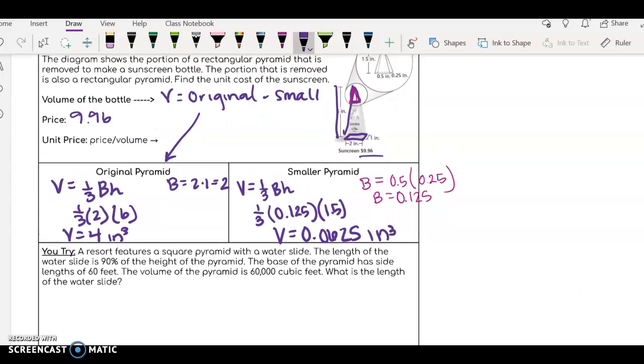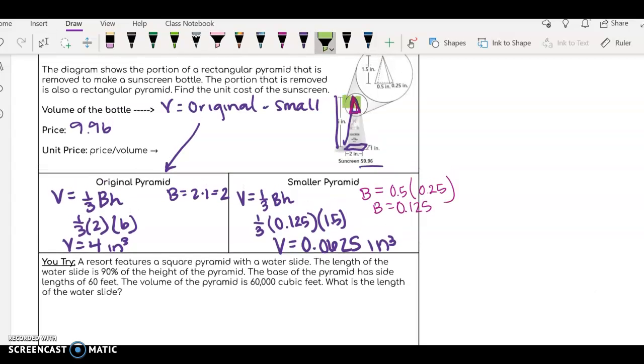So now what we need to do is subtract the 2, because we took off this top section here. This is now gone. So we subtract, I'm going to write this over here, so 4 minus 0.0625, and that gives me 3.9375.